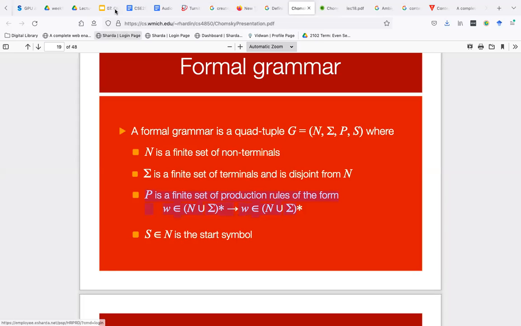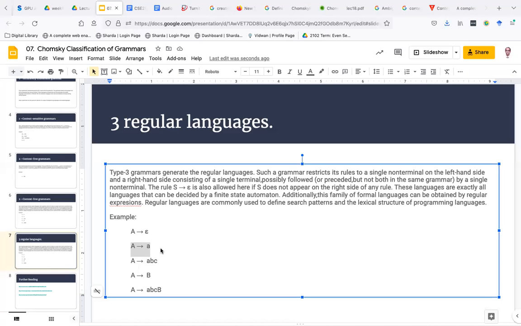This thing is called a production rule, which means देखो, your grammar is there to define what are the acceptable strings of the language. Yes, and a set of those strings is called a language.